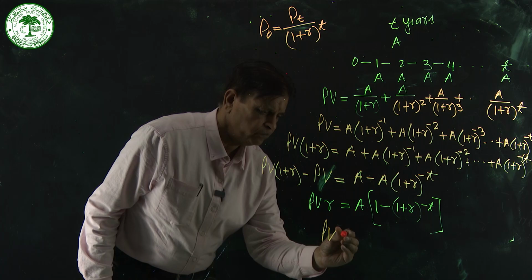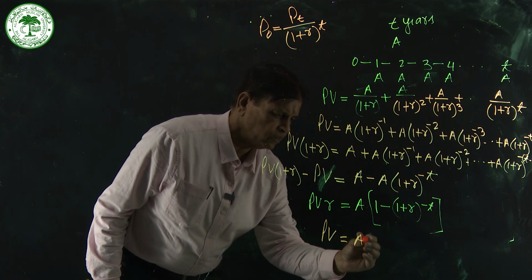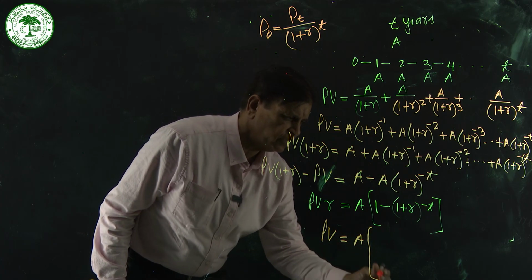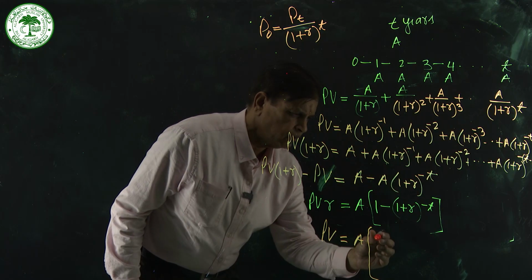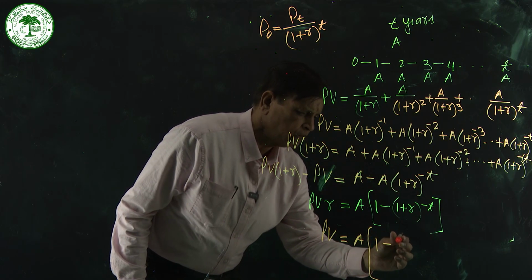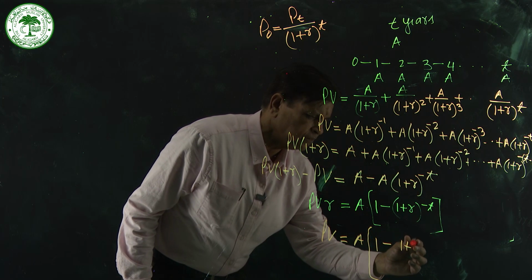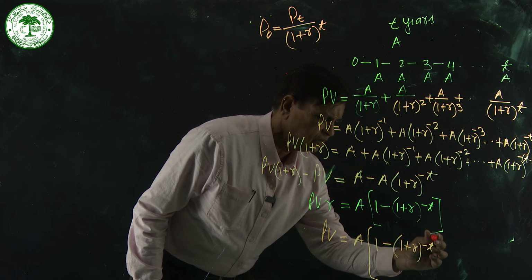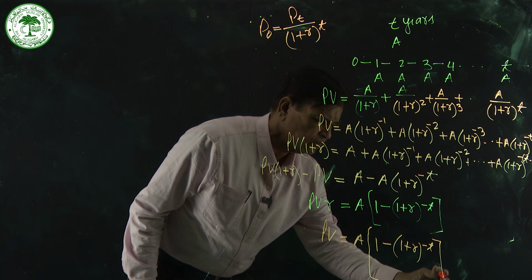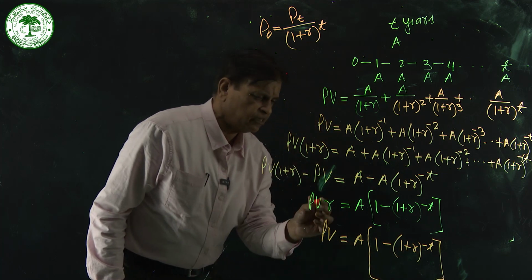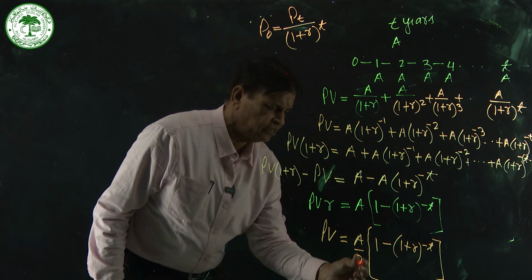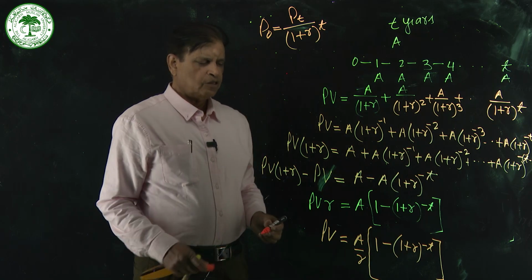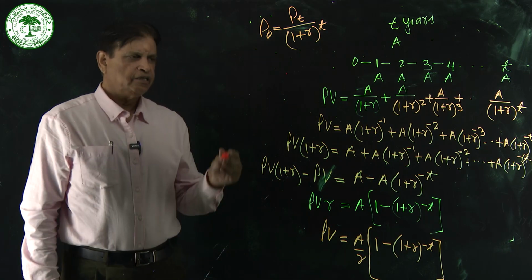PV will be equal to A, and then in the bracket we will have 1 minus (1+R) to the power minus T, and this one R we take, suppose we write it here, can write anywhere. So let me write it here.